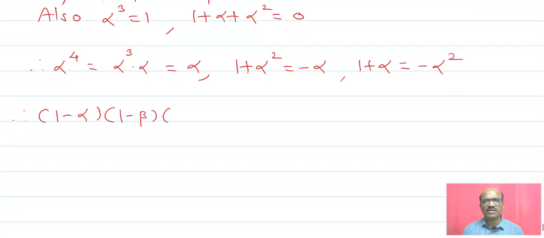Therefore, 1 minus alpha in the first bracket, second bracket 1 minus beta, 1 minus alpha square into 1 minus beta square. These are the values. Now we will substitute.